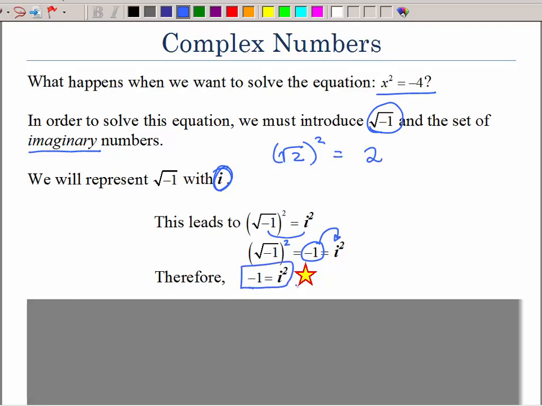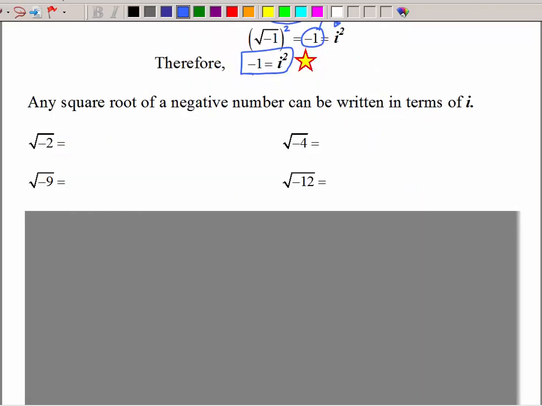Now let's just say that again. If the square root of negative 1 is i, and I square both sides, that's really what's happening. When you square a square root, that goes away, and that's just i squared. That little fact right there is going to become very important in this lesson. But let's just take it one step at a time.